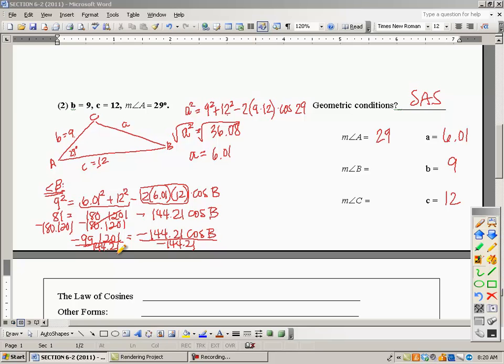I know this is getting a little small, but you end up getting that the cosine of B is 0.6873. And like we did in the law of cosines, to find the angle, we inverse cosine. So we inverse cosine 0.6873, and you get about 46.58 degrees.